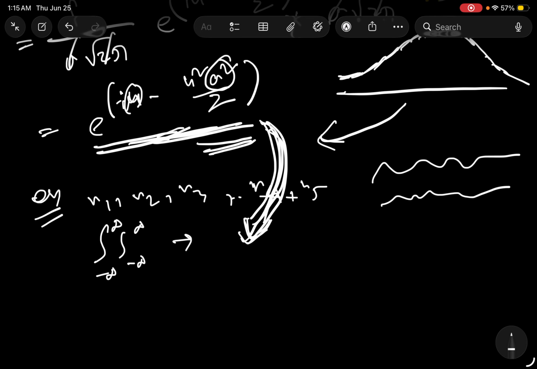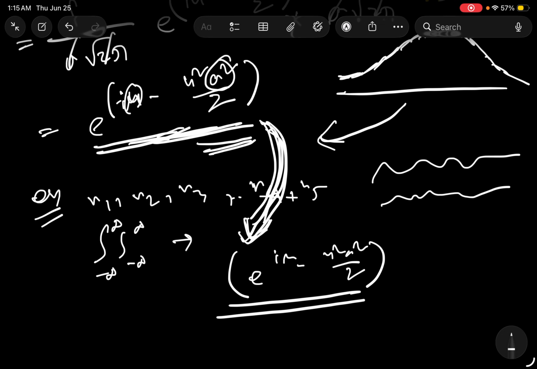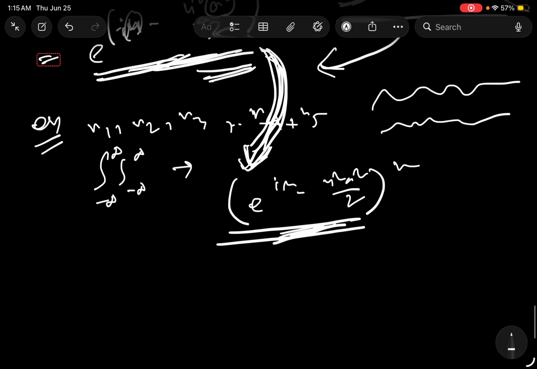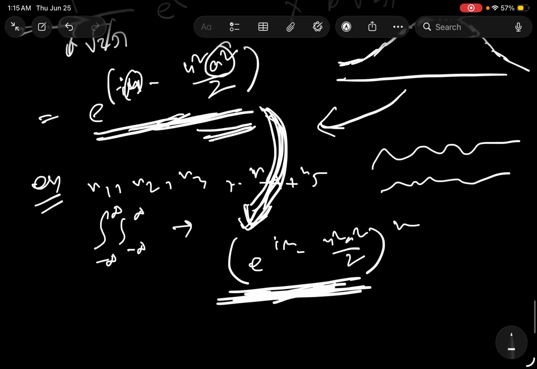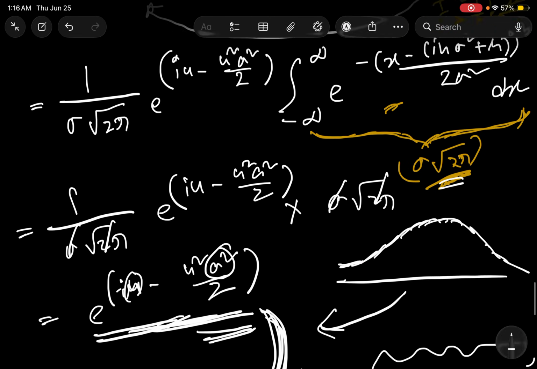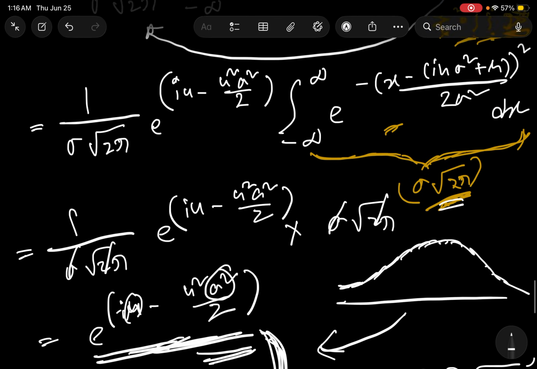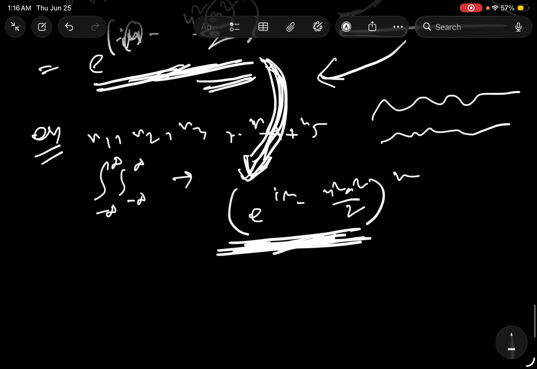You just take this characteristic function and you scale it for n days, right? Whatever you have, you just raise to the power n. You have for n number of days the corresponding characteristic function. It helps. Why? Because you do not have any integration to worry about. So this characteristic function becomes a really simple way to represent the same underlying normal distribution, which makes our job really easy.